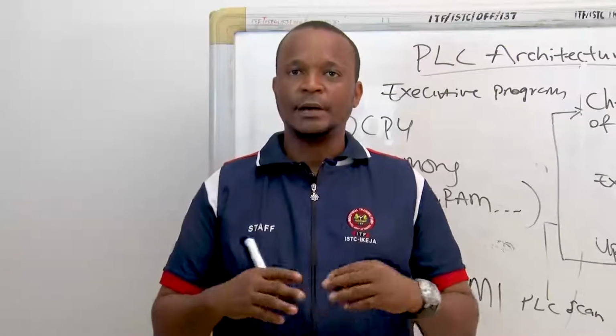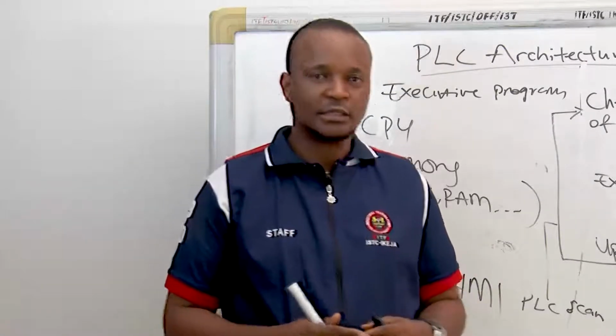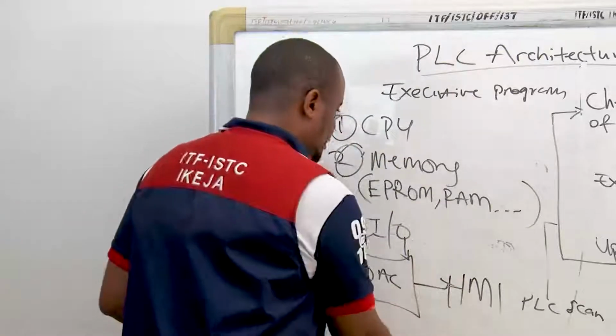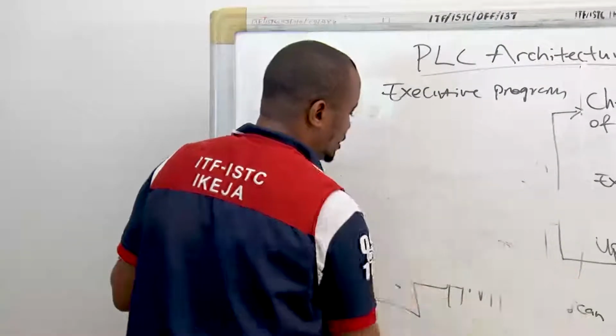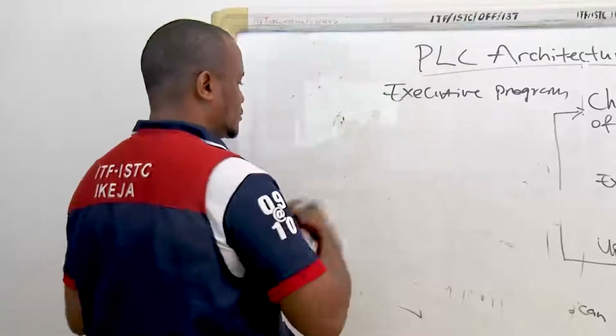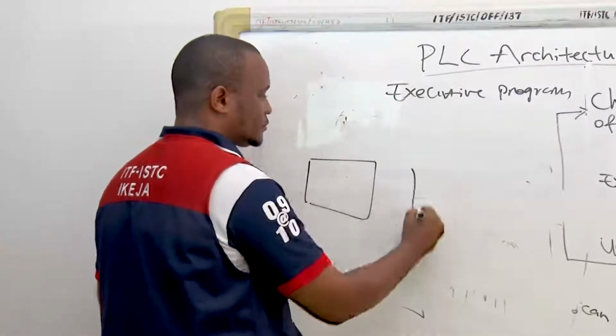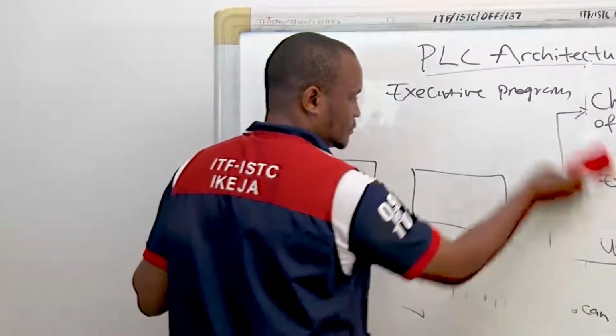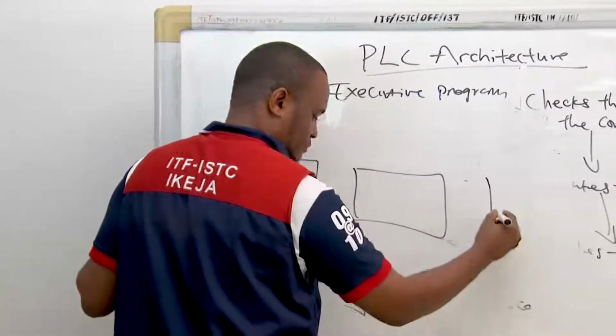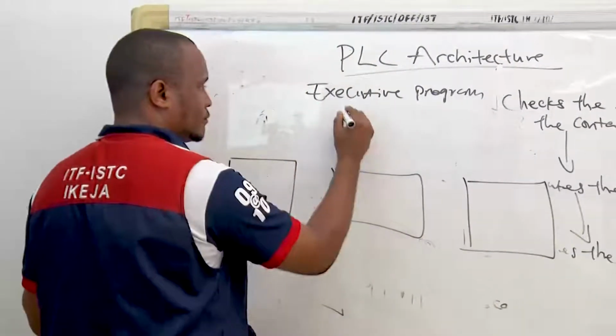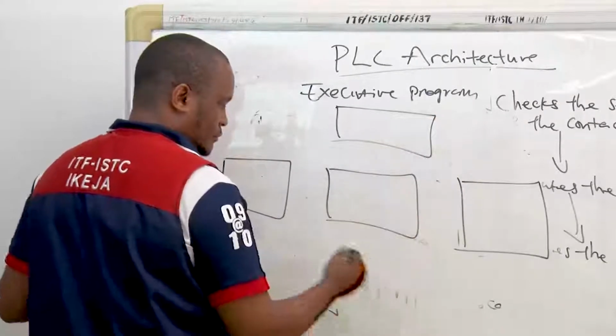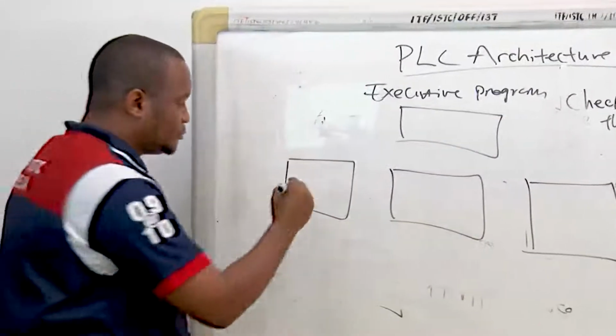By looking at the architecture block diagram, the PLC architecture can be summarized. All right, first we have the input module.